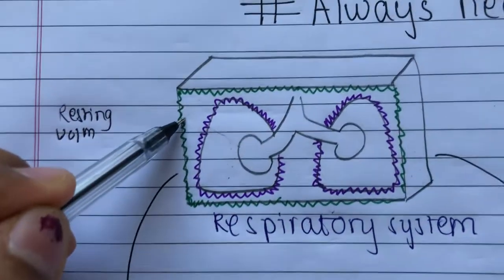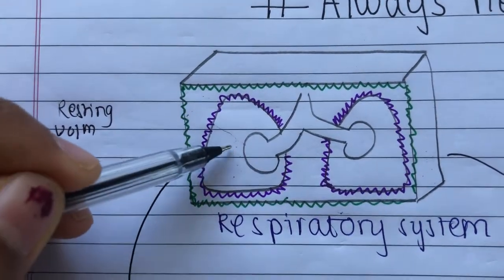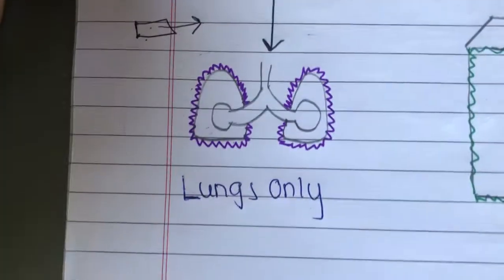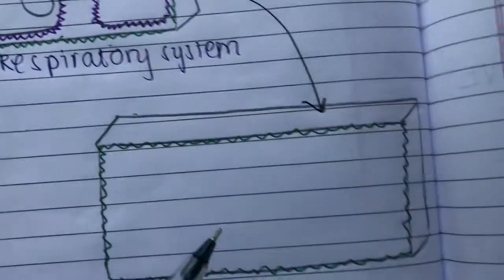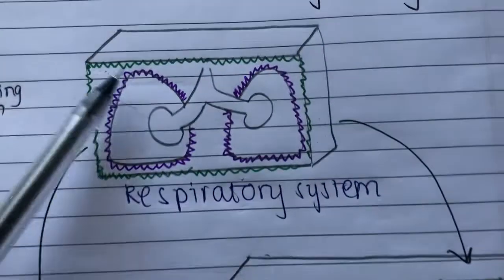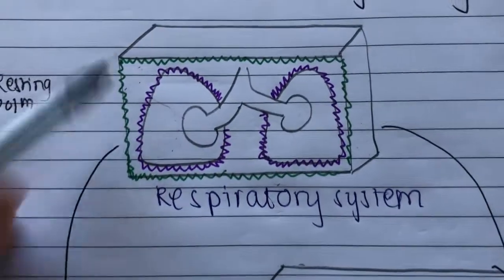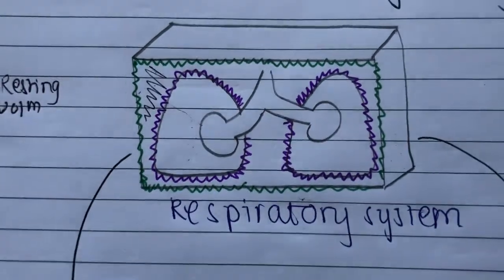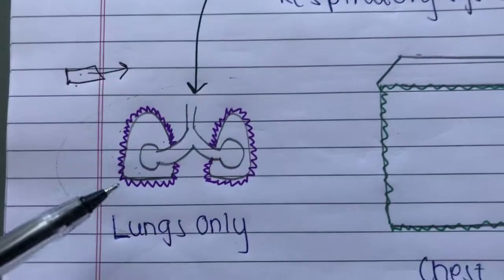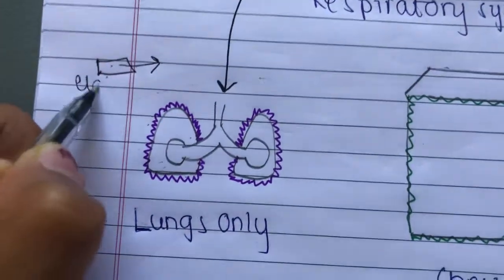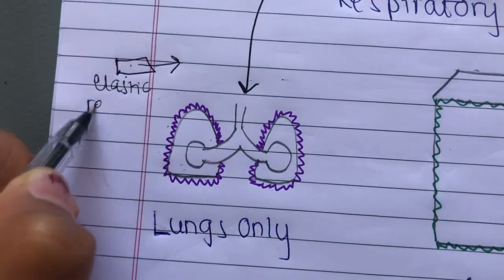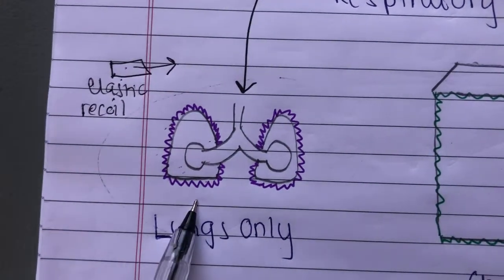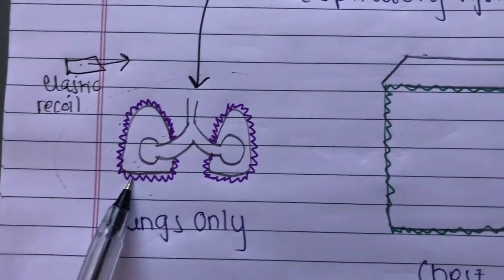Because of that stickiness, the lungs are slightly stretched from their normal position, which is this, and the chest wall cavity, which originally is expanded, is slightly contracted because of the stickiness between these two layers. But as soon as you take out the lungs, because of their elastic recoil, they have a tendency to return back to their normal position, so they contract a little.